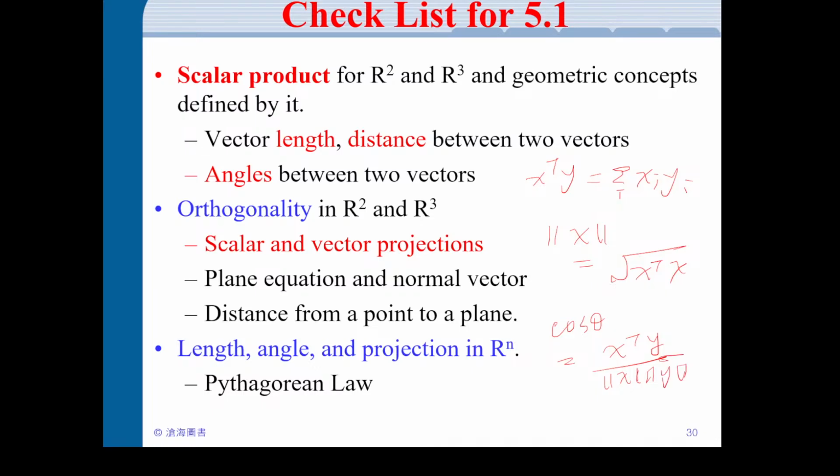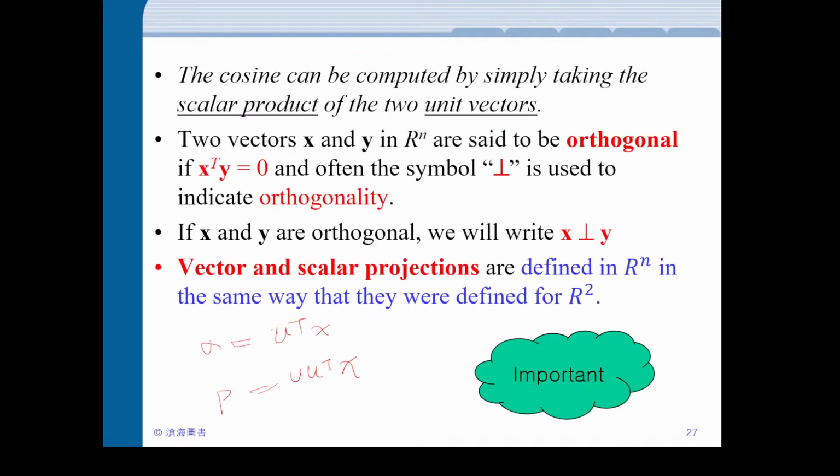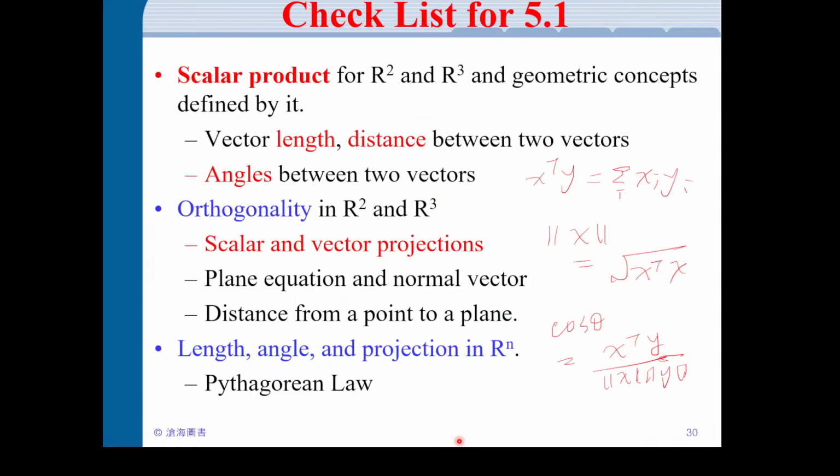Then we can have orthogonal being inner product equal 0. Then we have projection. So alpha equals this and p equals this, and you can look up alpha and p from previously. So we have defined all geometry in terms of inner product, and we have explicit formulas in Rn because we have an explicit formula for inner product.